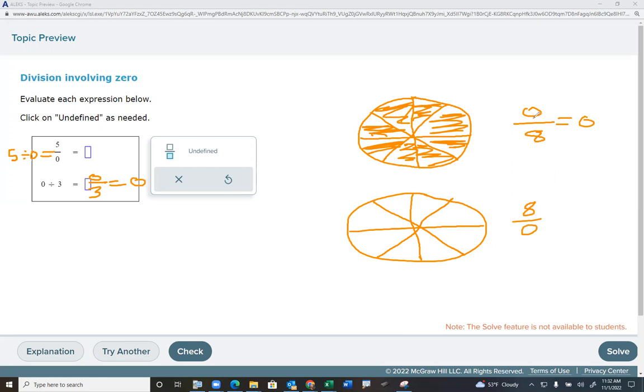Remember, the top number is how many pieces you got, and the bottom number is how many pieces were available. You got 8 pieces out of 0 pieces available. That doesn't make any sense. You got 8 when there was nothing there. I ate 8 pieces, and there were only 0 there to start with.